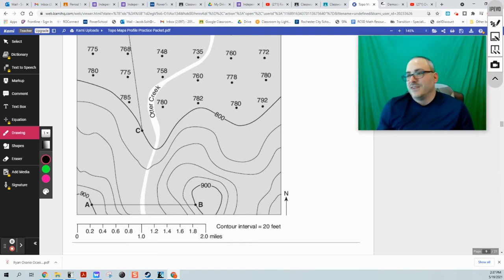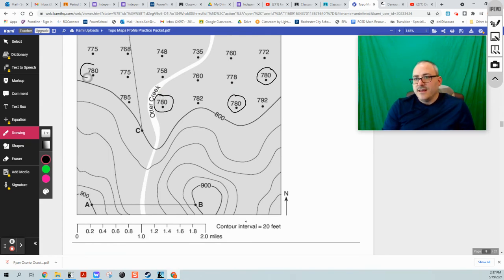So what I would like to know is, okay, 800, the next contour interval. And I see there's a 780 there, a 780 there, a 780 there, a 780 there. That's nice. Let me try to draw a contour line that goes through all these.